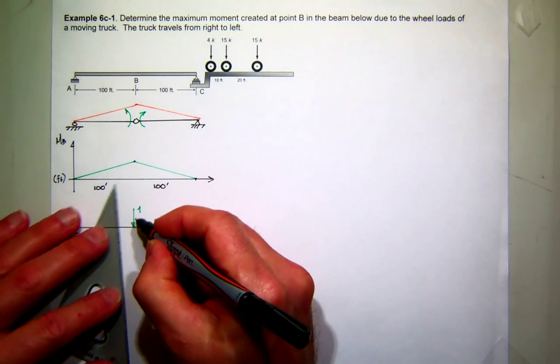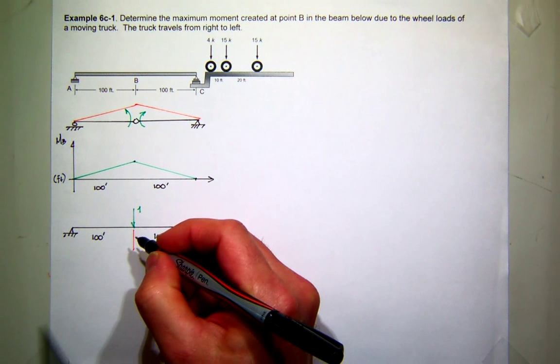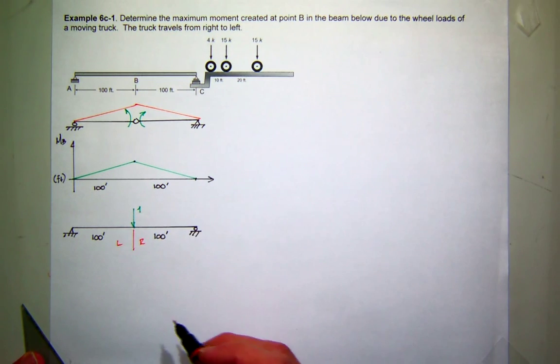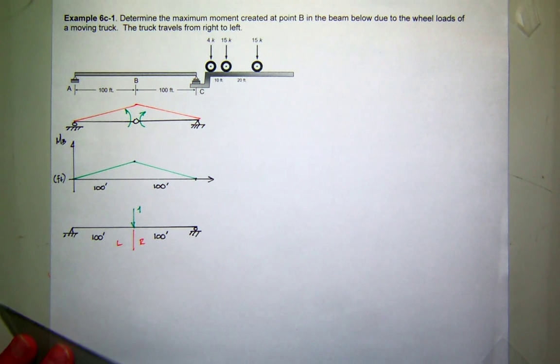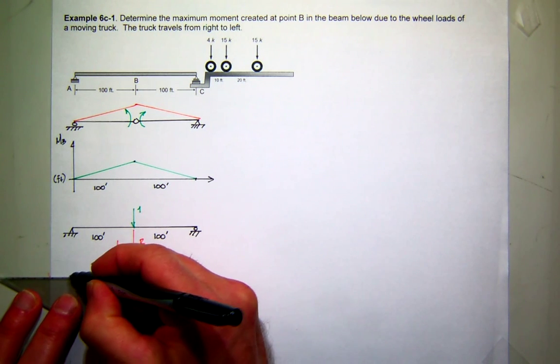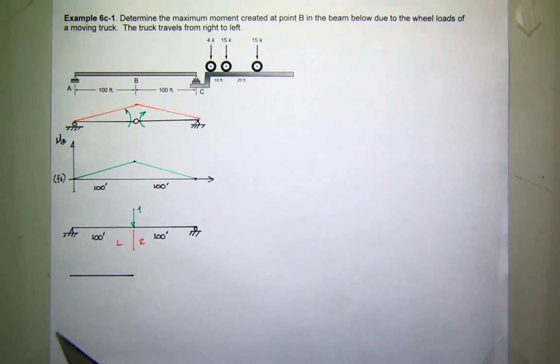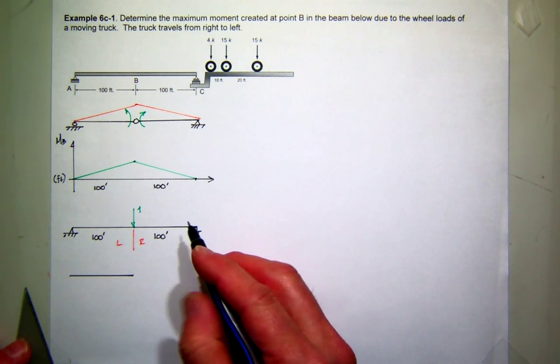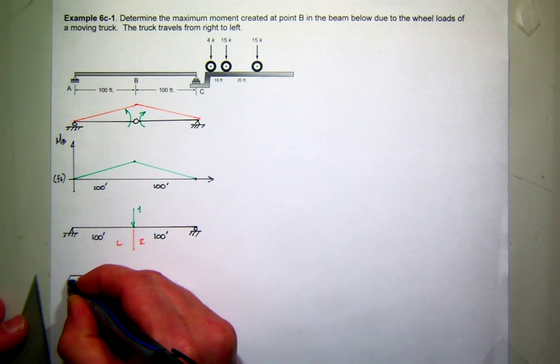So I'll make a cut there, and you can look at either the left or right side to find the internal moment. I'll look at the right side. I don't think I need to do this, but what will be the reactions here at the pin and the roller? 1.5. It's going to be a half. That was an easy one.